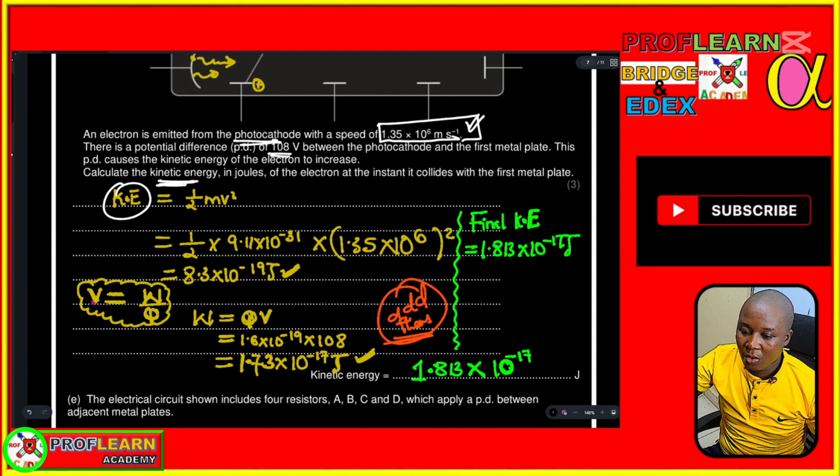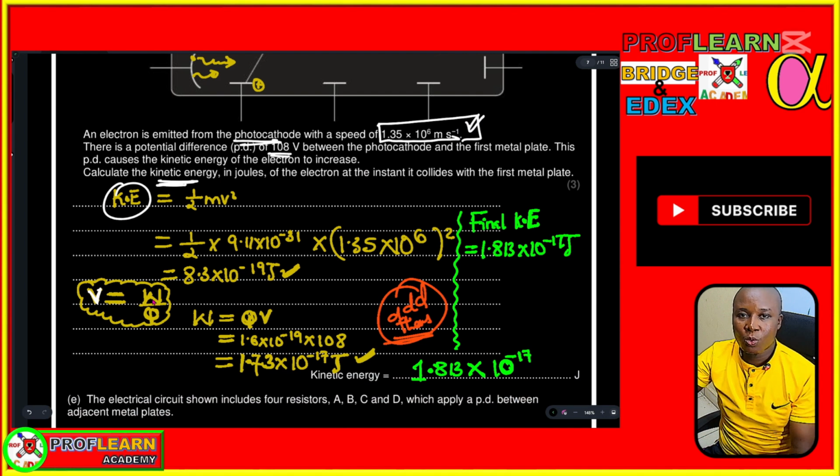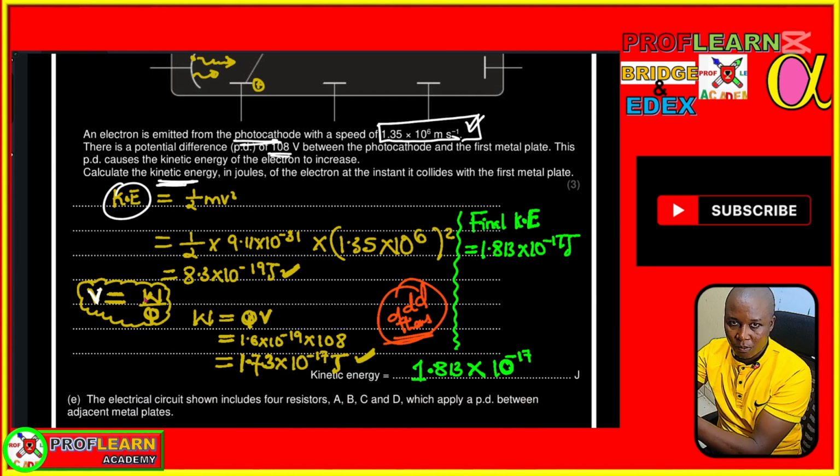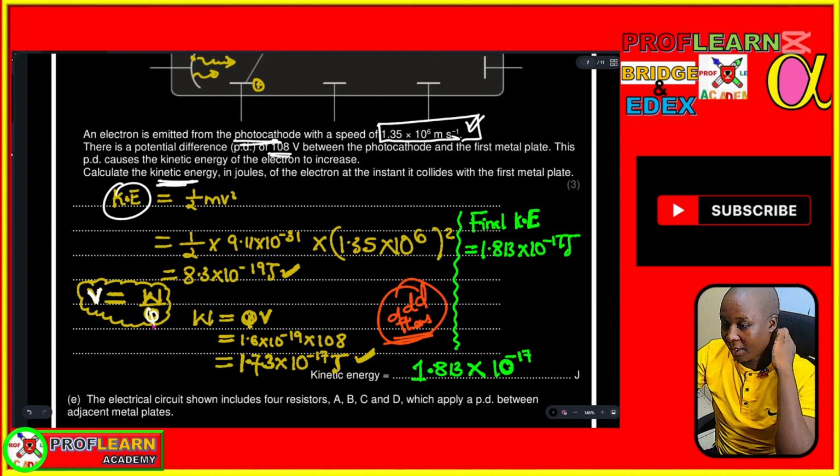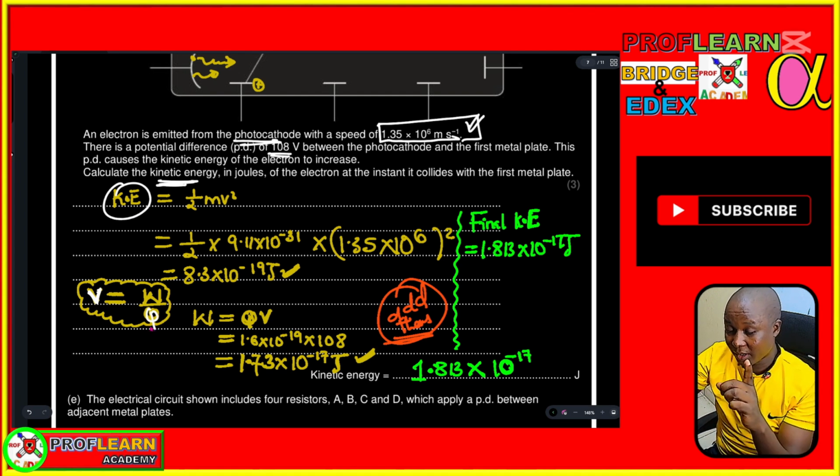We need to remember also that the potential difference is equal to the work done to move a unit charge, right? Work done per unit charge is potential difference. So if we want to know work done, we take the potential difference times the charge of an electron, remember?